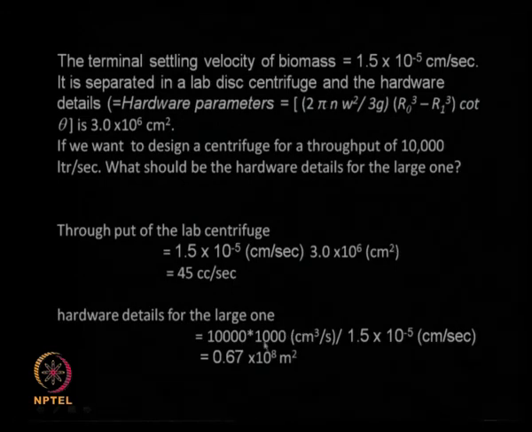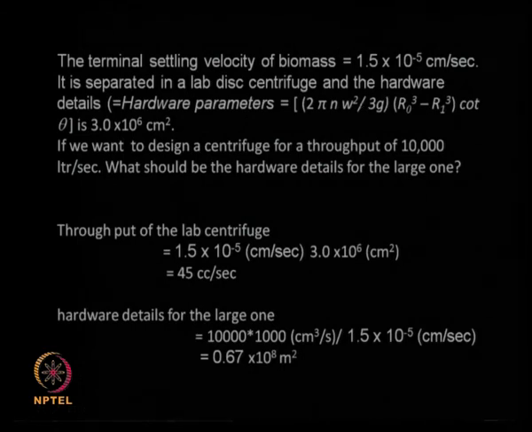Now how do you achieve this particular number for hardware parameter? It can be achieved through so many terms here. It can be achieved through increasing the number of discs, through changing your inclination, that is theta, with respect to central axis, or through changing the R0. So that is left to you.